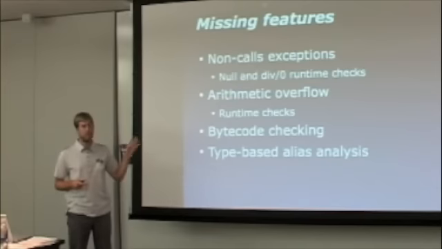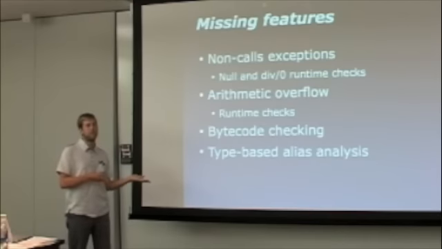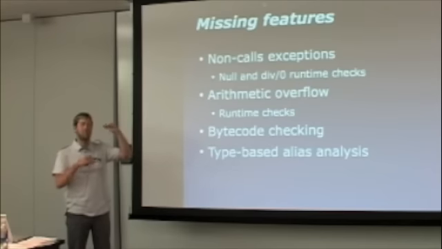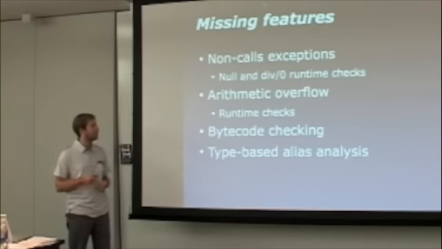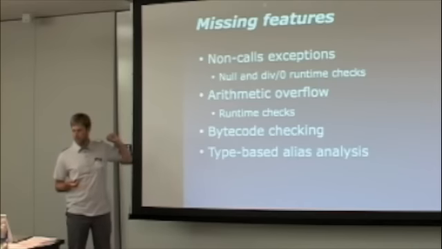You have to do that on the JVM bytecode, and since I'm lazy, I don't want to do that. There's also type-based alias analysis. Since LLVM is losing all the type information, it cannot do type-based alias analysis, which would really help because it would say that two objects don't alias, and it could do optimizations on that. But well, those are the missing features currently. It shouldn't be too bad for performance, but it would be great to have them.